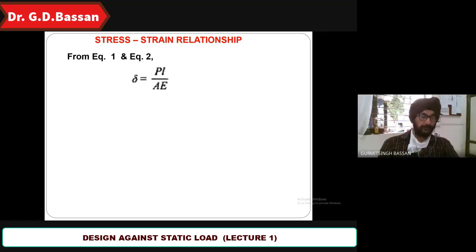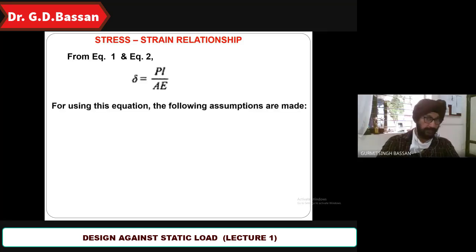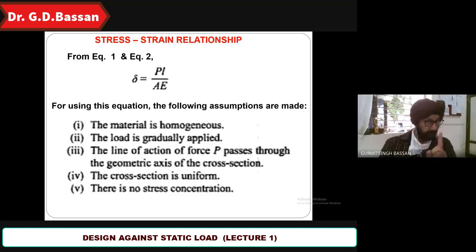For using this equation, there are certain assumptions that are always there. One is the material is homogeneous, load is gradually applied, that is a static load. Third is line of action passes through the geometrical axis, and cross section is uniform and no stress concentration.